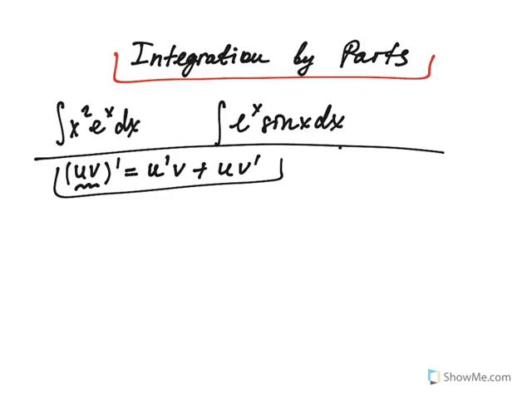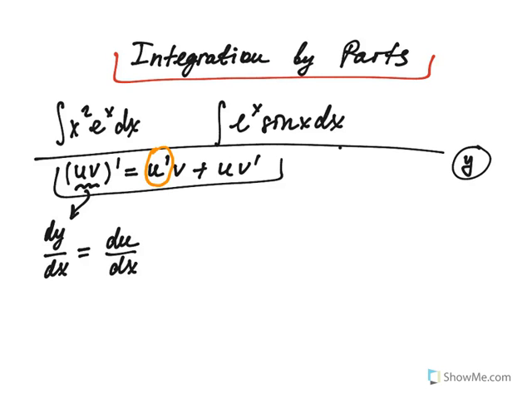Okay, now I'm going to rewrite it. So this is my function, I'm going to call it y. So therefore, dy dx, that just means the derivative of our function y, which is u times v, equals, now instead of u prime, I want to make it fancy, so I'm going to put du dx times v plus u, and instead of this guy right here, I'm going to put dv dx, which means the derivative of v.